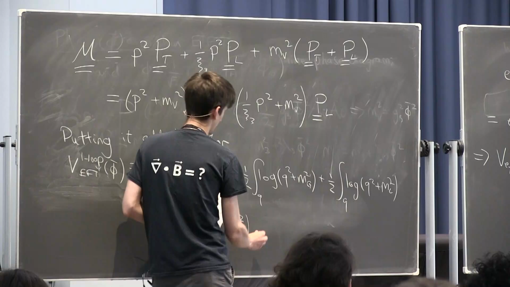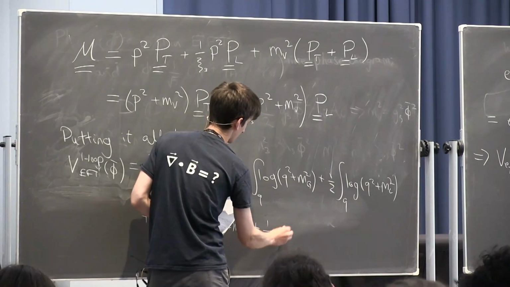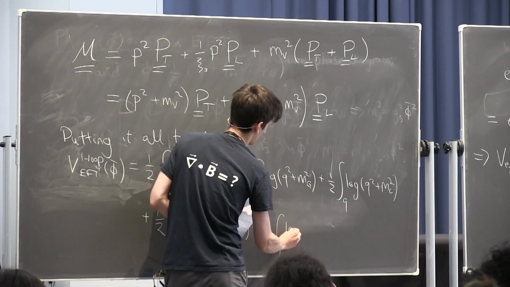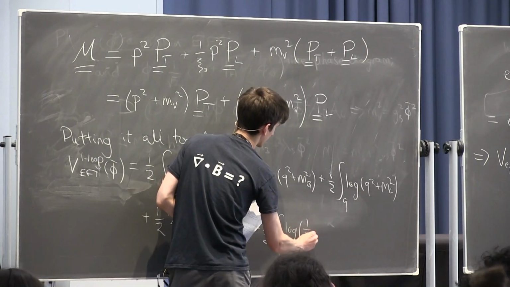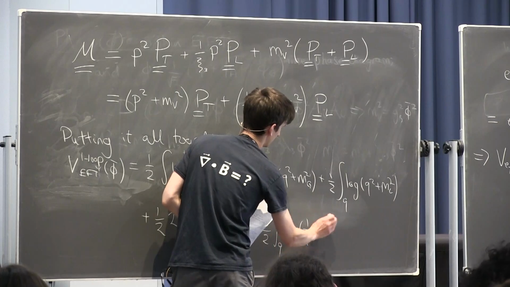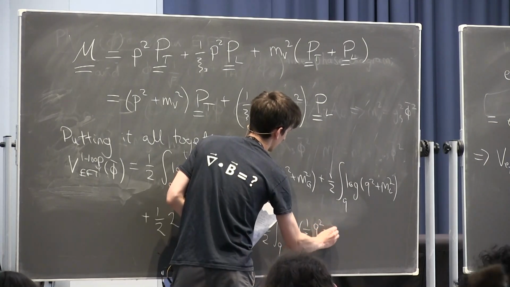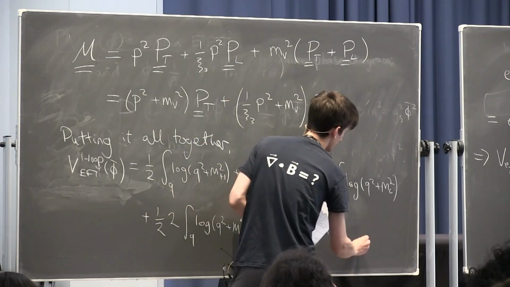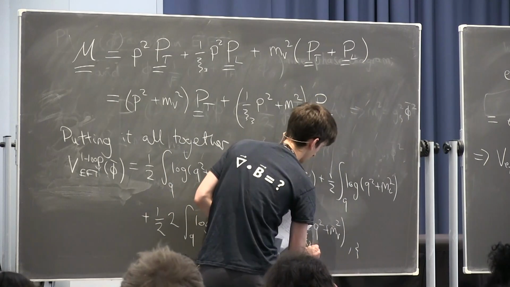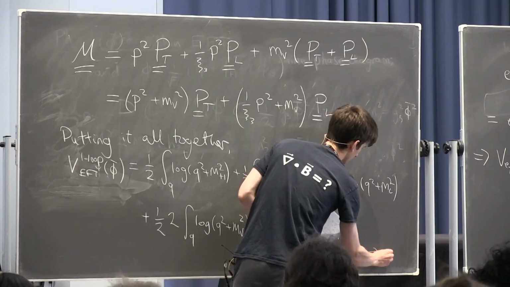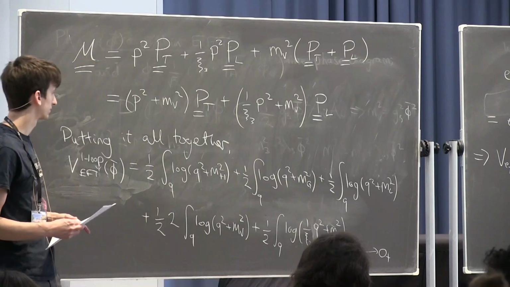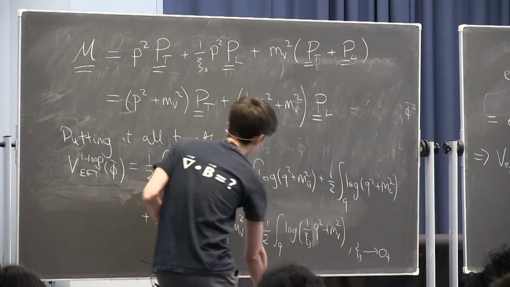And then there's only one of these, so we're going to get a half times the log of 1 over psi times q squared plus m_V squared. And in the end, we're going to want to take psi to 0 from above. That was our gauge choice.